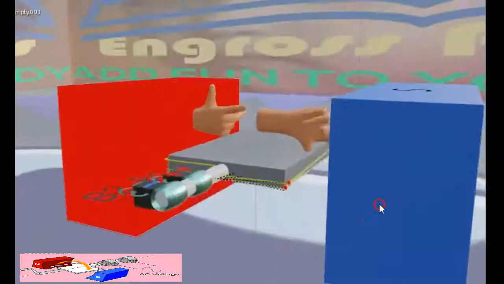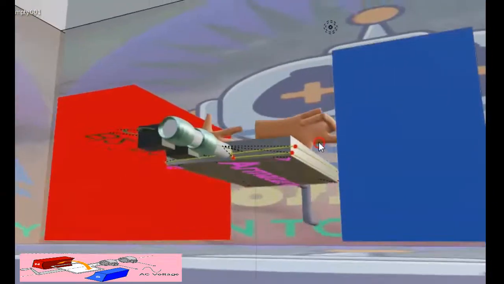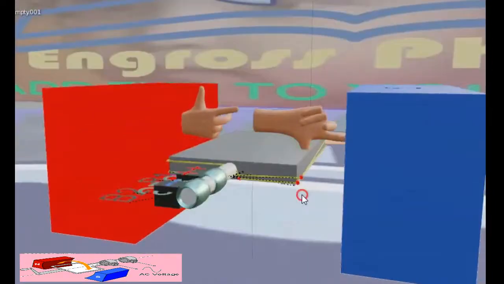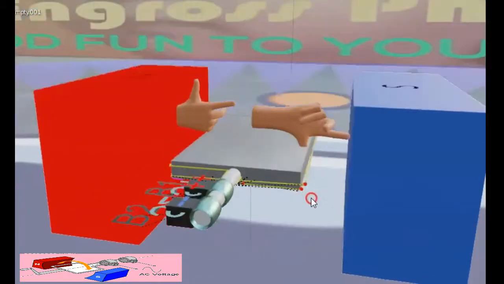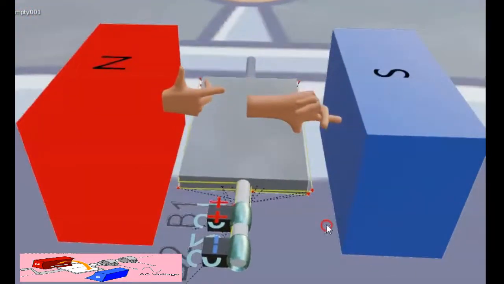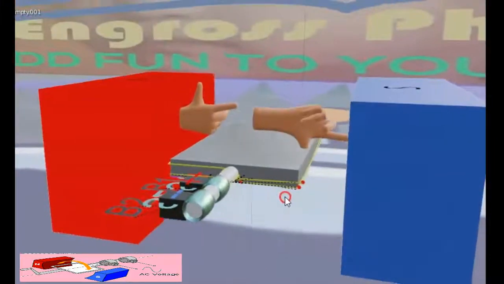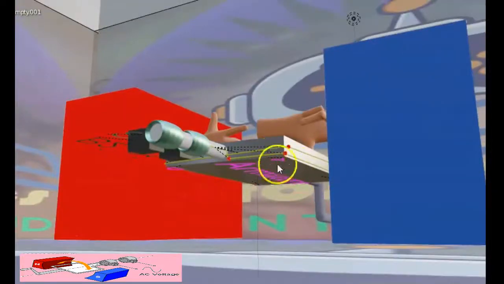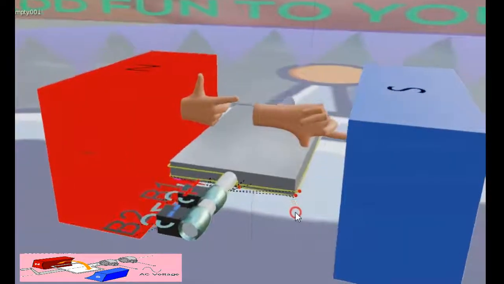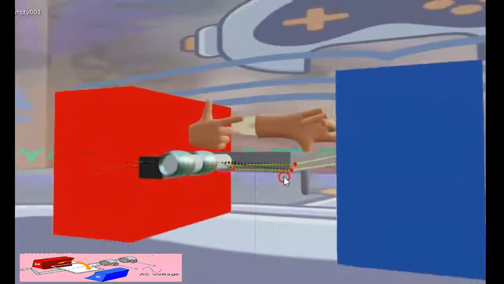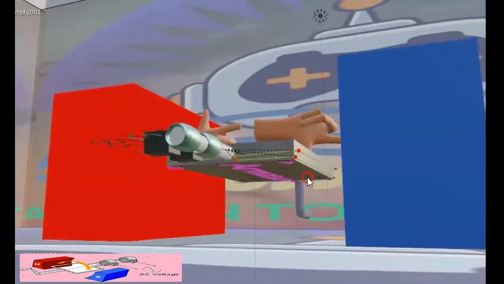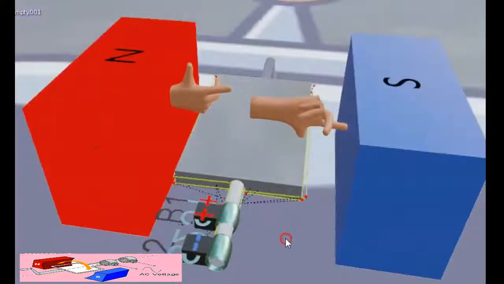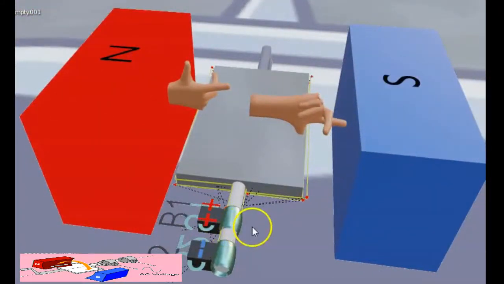As you can see here, this middle finger is pointing from B to A. So what will happen? Since the direction of current is reversed, the charge acquired by these brushes will also get reversed. Initially, before 180-degree rotation, the direction of current was from A to B, so that B1 was getting negative charge, but now the direction of current is reversed, so this B1 will now get the positive charge.